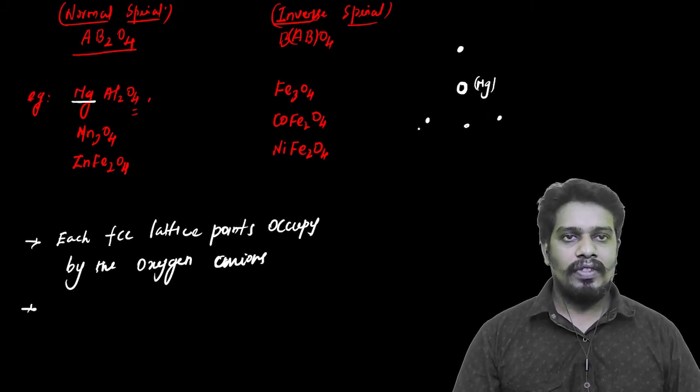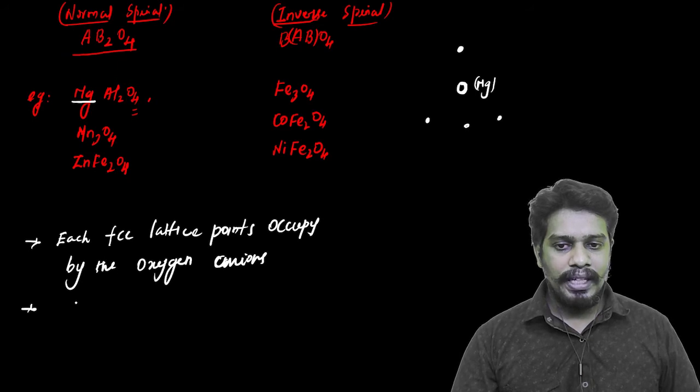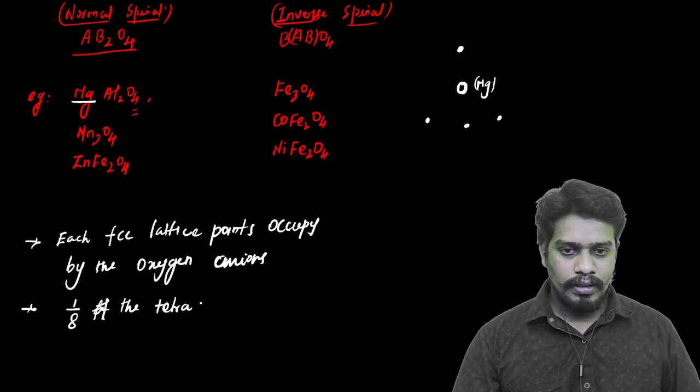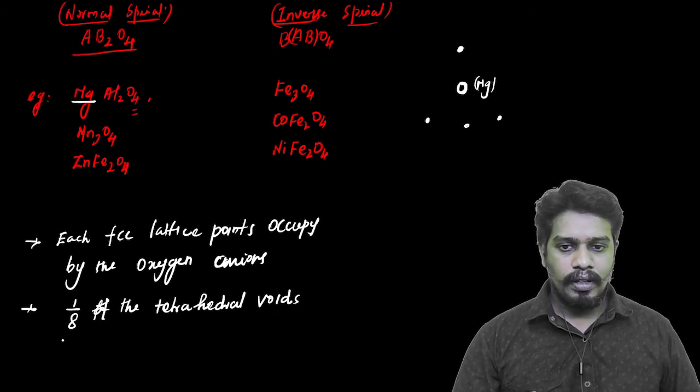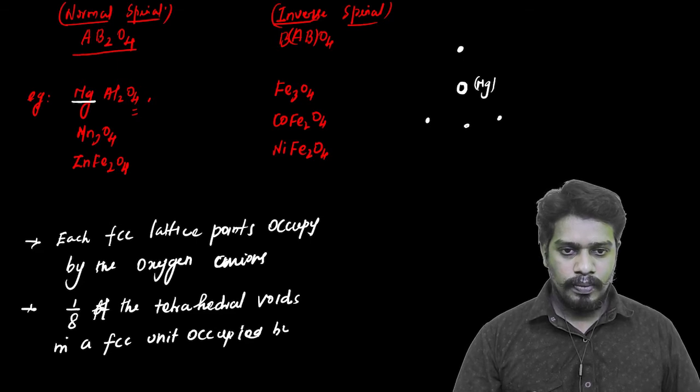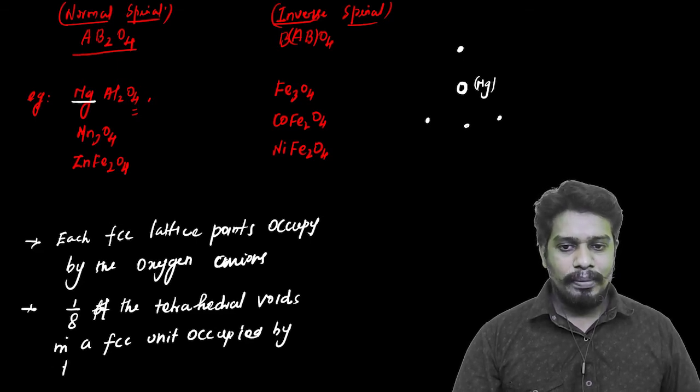But what fraction will it occupy? It is a 1 by 8th fraction, 1 by 8th of the tetrahedral voids in your FCC unit cell, occupied by the divalent metal cation.